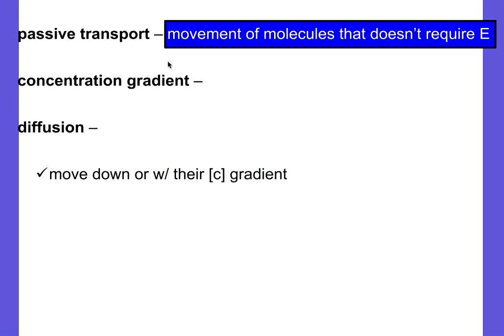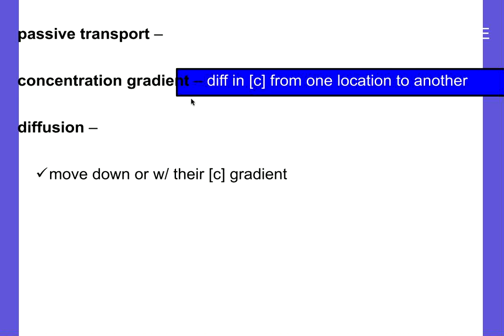So we're going to talk about movement of molecules that doesn't require energy. We're going to talk about concentration gradients. A difference in concentration from one area to the next. So I'm going to put some food coloring in this water.